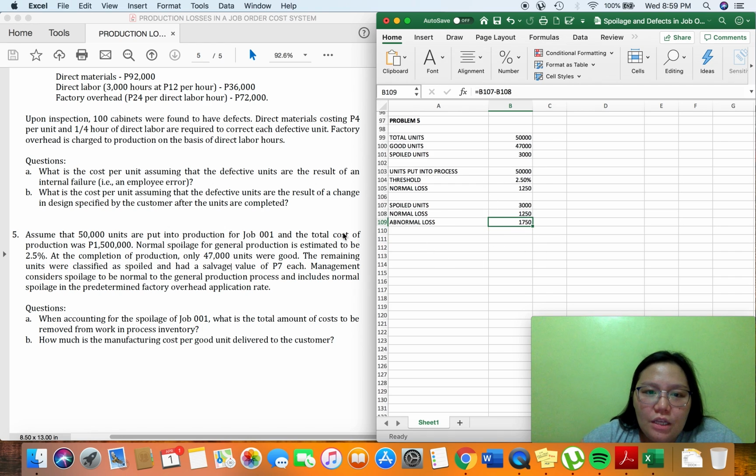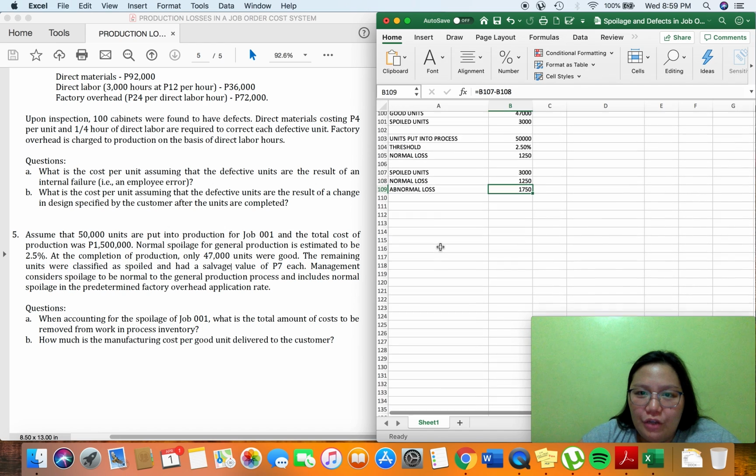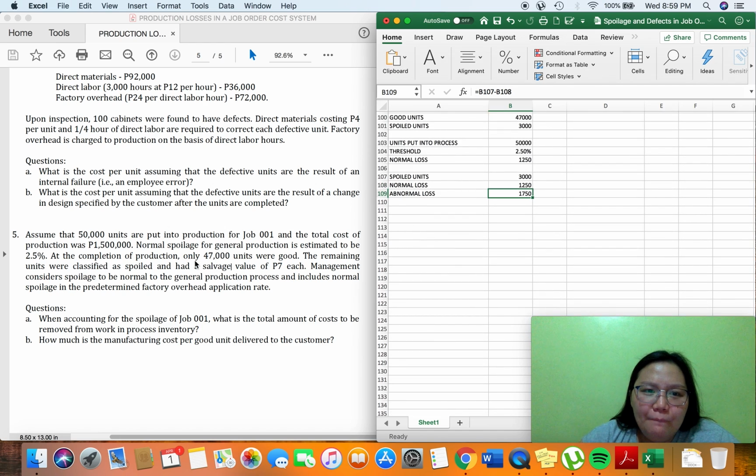Okay? So, sige. So, what will happen now? Anong mangyayari ngayon dito? Sabi dyan kasi, hindi naman maapektuhan. Meaning, the entries that we will prepare or the procedure that we follow whenever we have spoilage or defects will not change. Ganun pa rin. So, kanina, nagkaroon tayo ng spoilage and then, ang ginawa natin is that we have set up a separate inventory account for the spoiled goods.